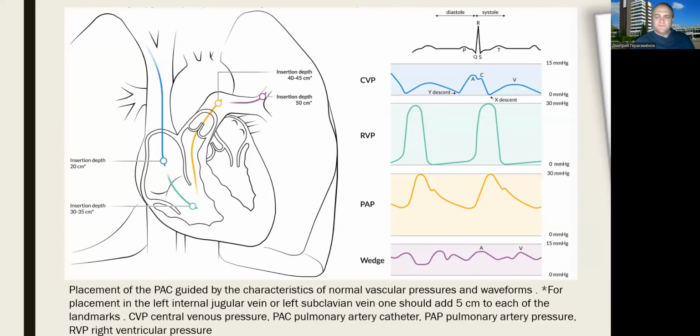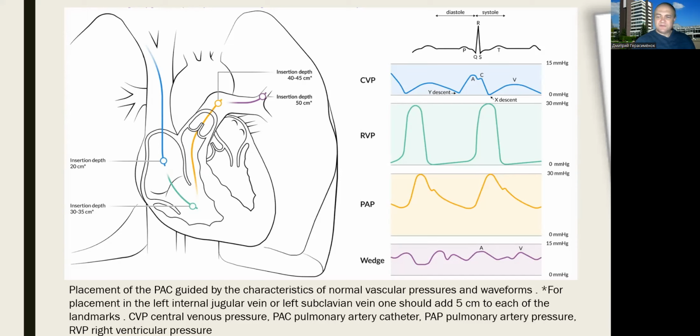Please look at this figure. This is placement of the pulmonary artery catheter guided by characteristic normal vascular pressures and waveforms. For placement in the left internal jugular vein or left subclavian vein, one should add 5 centimeters to each of the landmarks.